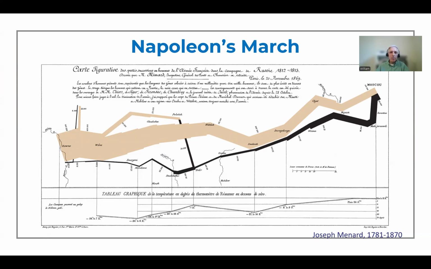Oh, and by the way, you also have at your disposal the geographical locations of the cities that he encountered. You have the troop strength at each of the points along there. You also have the weather. You have the temperature. So Joseph Menard put together this graph that looks like this.